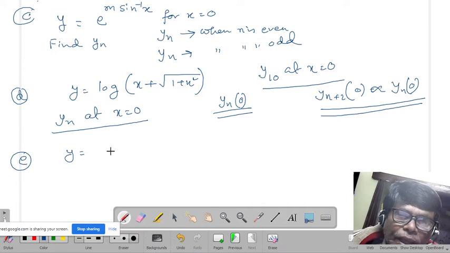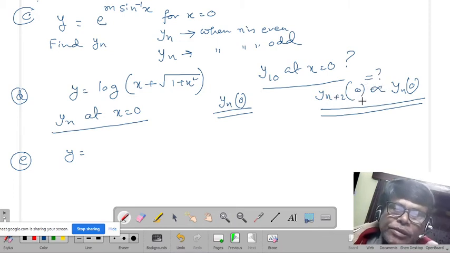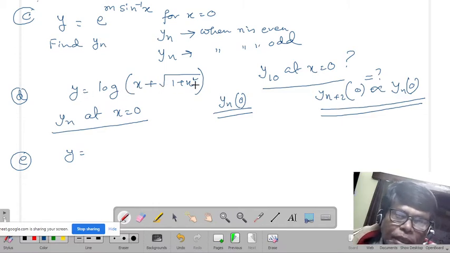X equals to 10, y10, not x; x is equal to 0 will be put. Then an expression of y10 will come, and putting x equal to 0 there is what I need. You have to find out the relation for yn at 0. So yn plus 2 at 0. Can you repeat one more time? Yes, the sum is given. Your task is to find out this relationship.